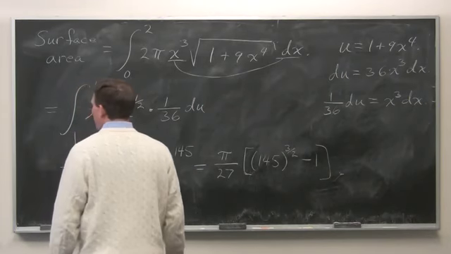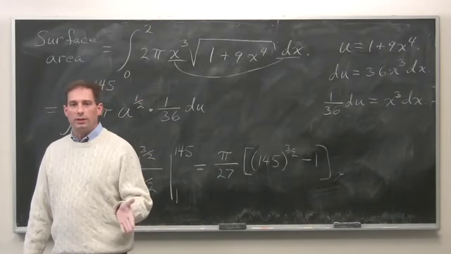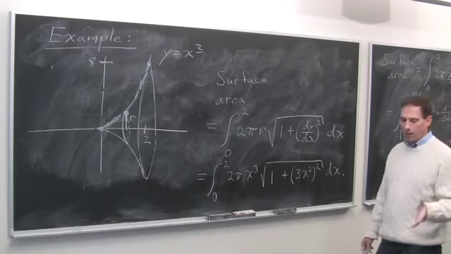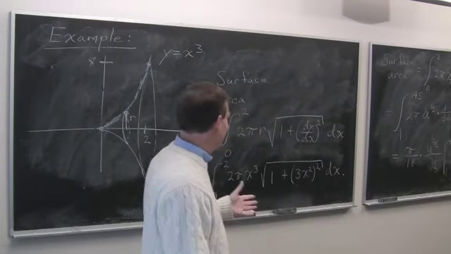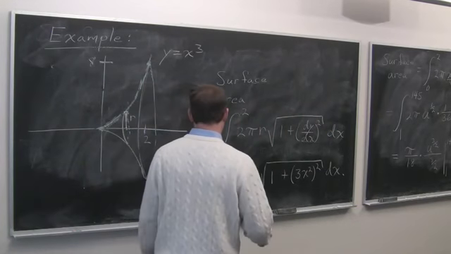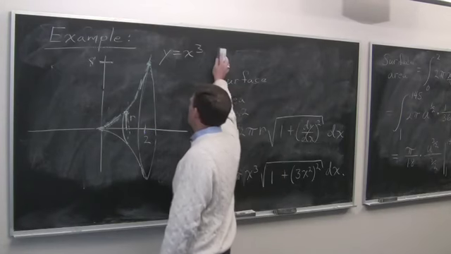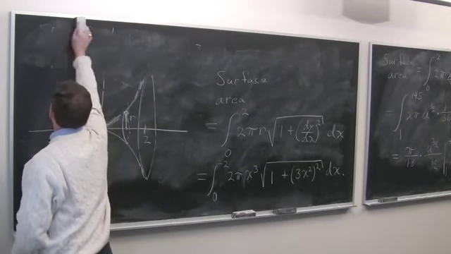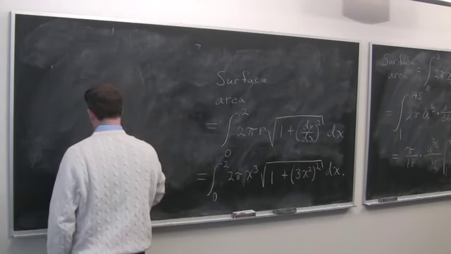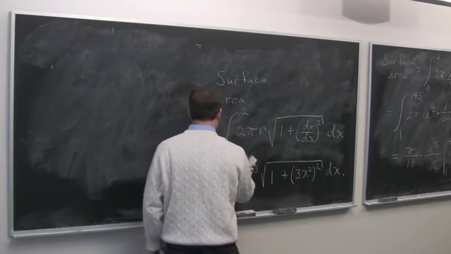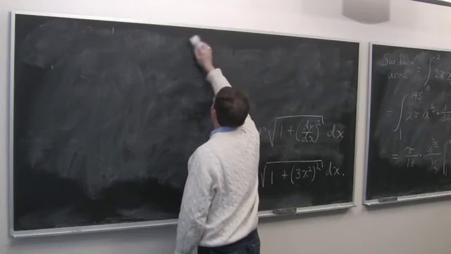All right. I only want to do one last example. In this example, I want to look at the volume of a solid of revolution and the corresponding surface area of the surface. This example is frequently known as Gabriel's Horn.